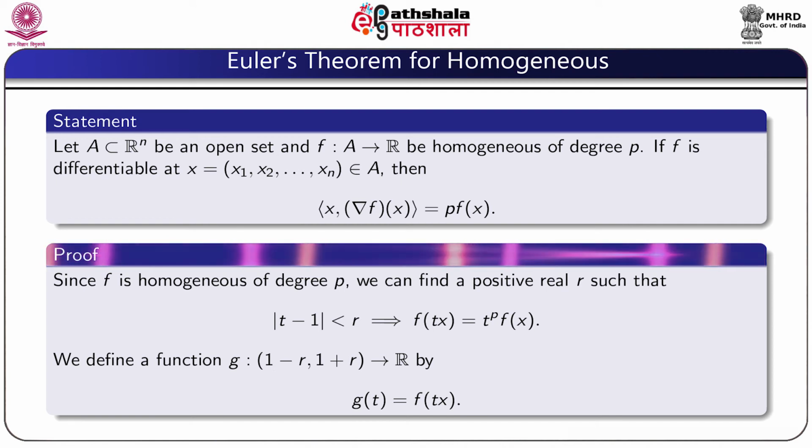Since f is homogeneous of degree p, we can find a positive real r such that whenever modulus of t minus 1 is less than r, we can express f(tx) equal to t to the power p f(x). We define a function g from the open interval (1 minus r, 1 plus r) to the set of all reals by g(t) equal to f(tx).